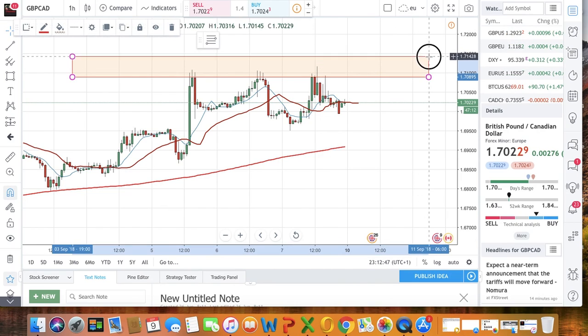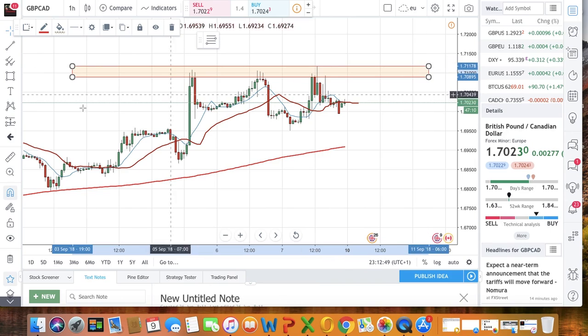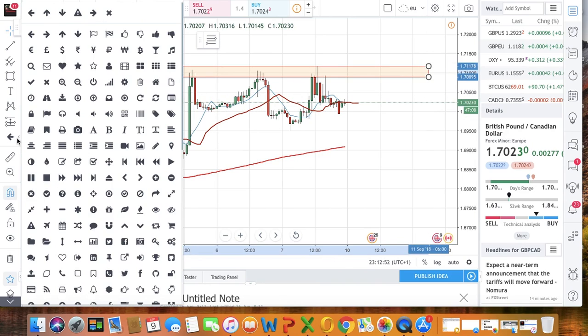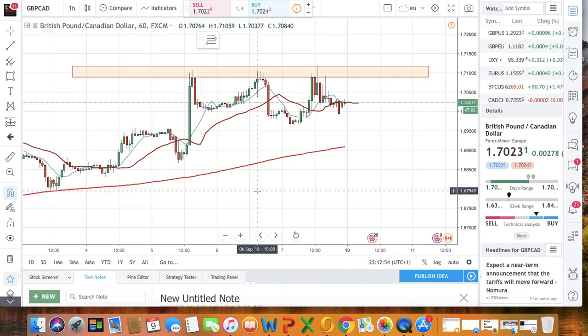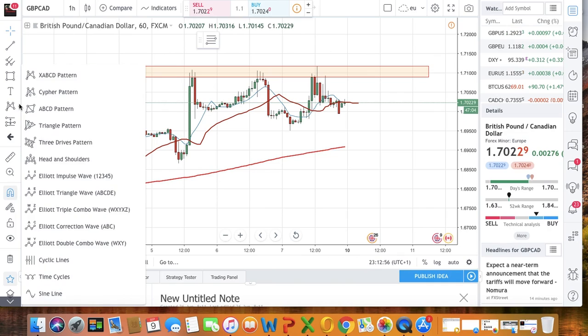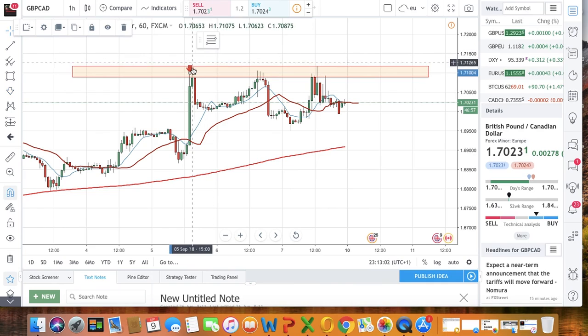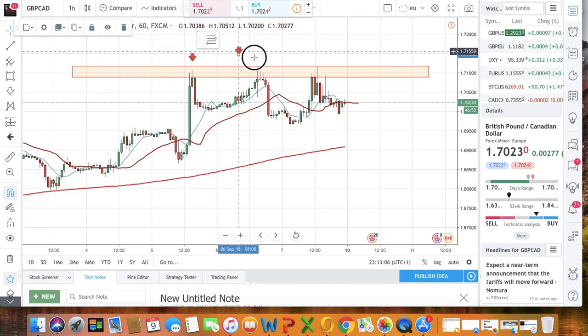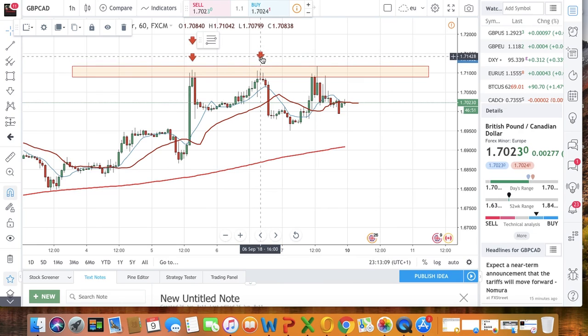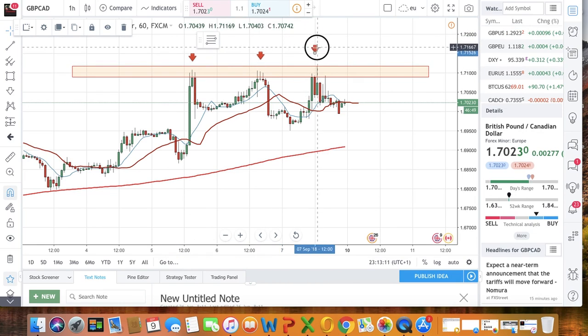So we've got a 30 pip range for rejection, so we've got a triple top rejection on this pair. So let's just draw on some arrows just to mark exactly what we see. So rejection 1, rejection 2, final rejection 3.